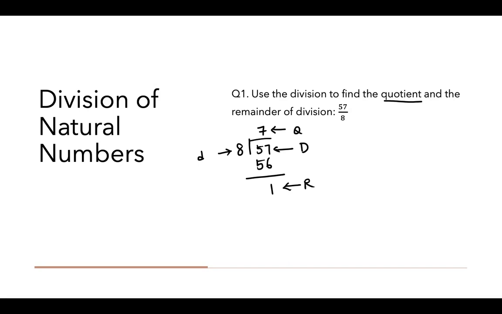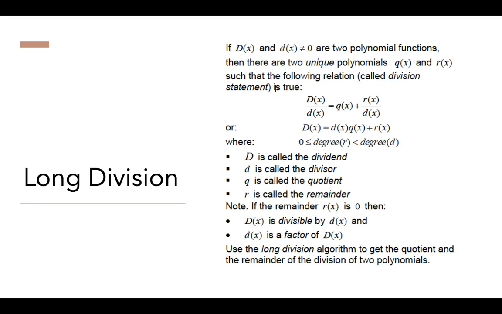So let's take a look at it more closely. In long division, we have two polynomials, and there are unique polynomials Q and R, such that this is called a division statement. And there are two ways to represent the division statement, number 1 or number 2. It's exactly the same thing.